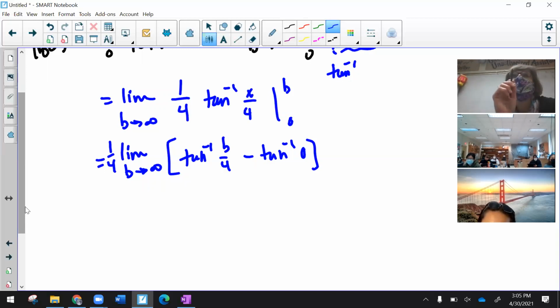What is inverse of any trig function? It's the angle whose tangent is this. So what is the smallest angle whose tangent is 0? Because we want to use the reference angle, since we're not given any interval here. 0. So this is going to be 0.